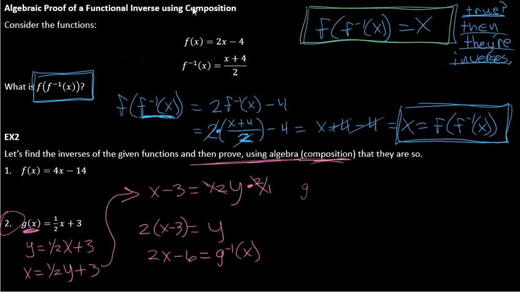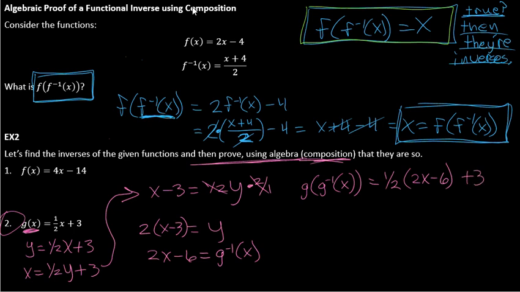So g of g inverse of x is equal to 1/2 of 2x minus 6, and then that plus 3.